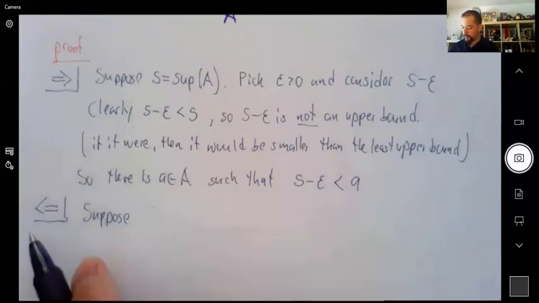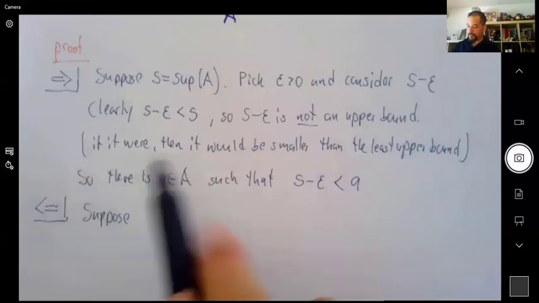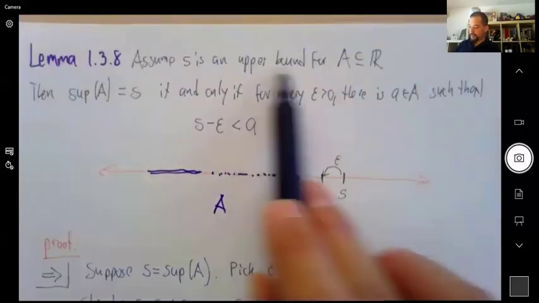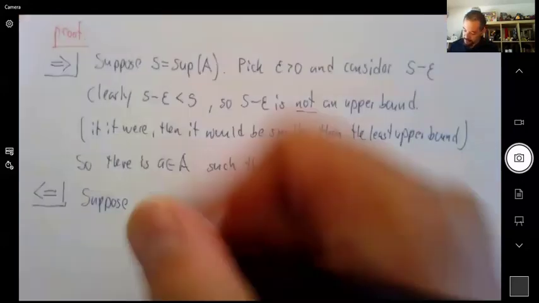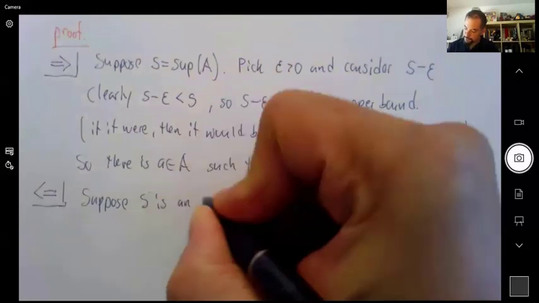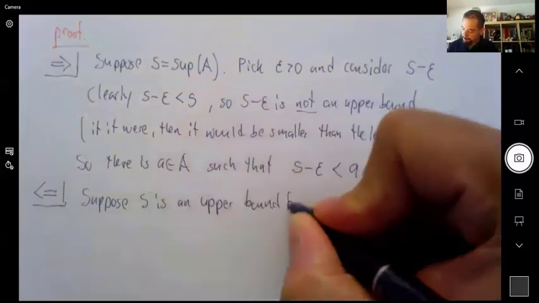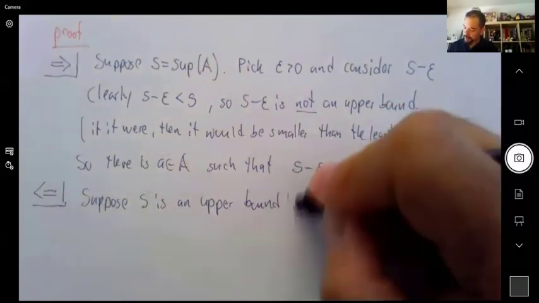Okay, on going backwards now, we're gonna assume that S is an upper bound. That's an overall assumption, right? Over here at the top, we know that S is an upper bound. So we're gonna suppose S is an upper bound for A, and it has a property.